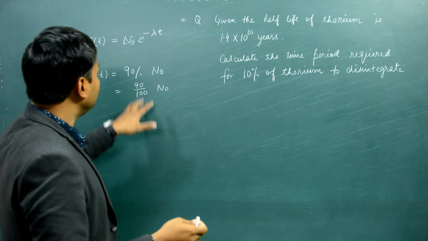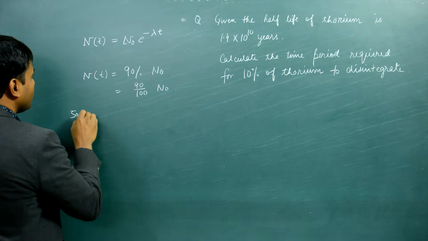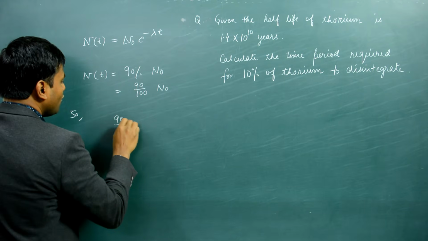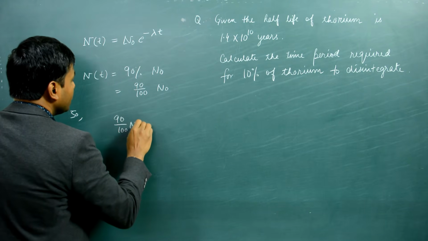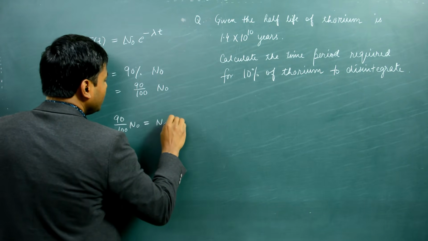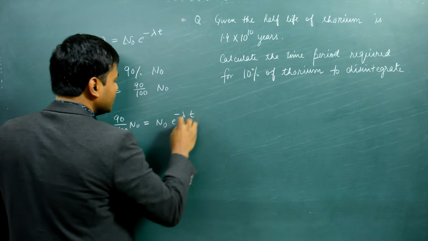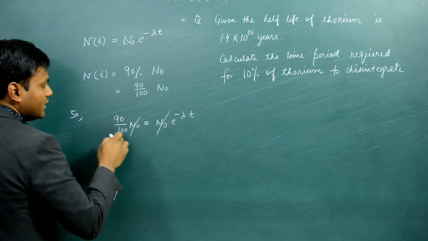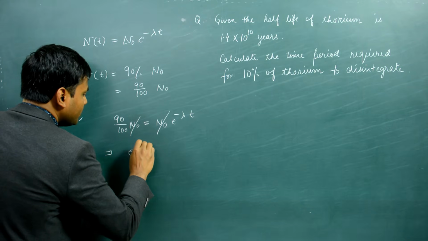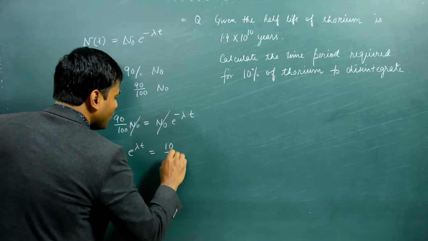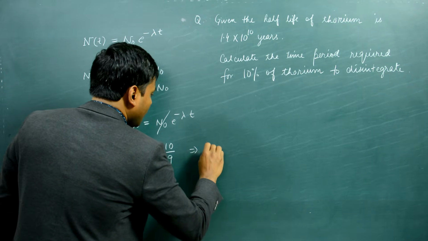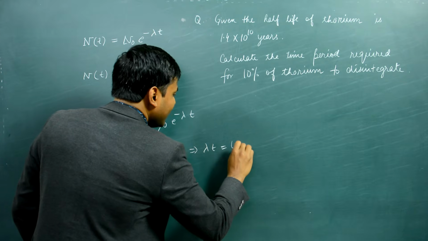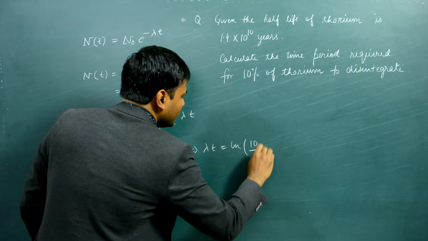Quite simple. So let's put these values in the expression here. I end up getting 90 upon 100 of N naught is equal to N naught e to the power minus lambda t. N naught ends up getting cancelled, and if I bring it to the left hand side, we end up getting e to the power lambda t is equal to 10 upon 9, which simply becomes lambda t is nothing but ln 10 upon 9.